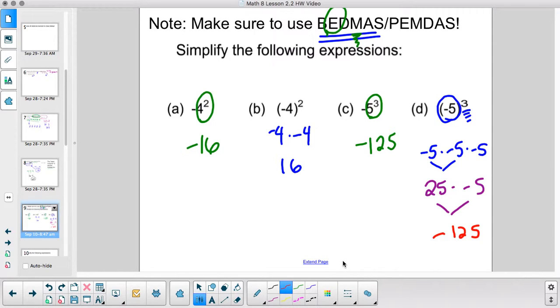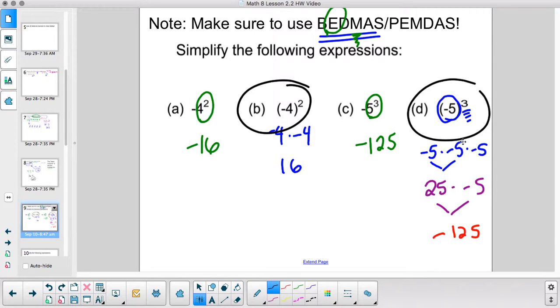So something I hope you noticed in class had to do with these two problems. Something I hope you noticed is that when you had a negative number and it was raised to an even exponent, it comes out positive.